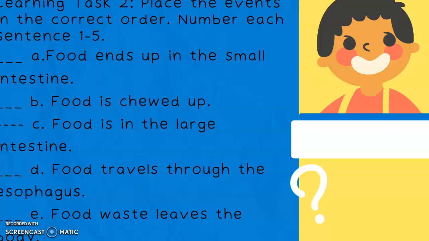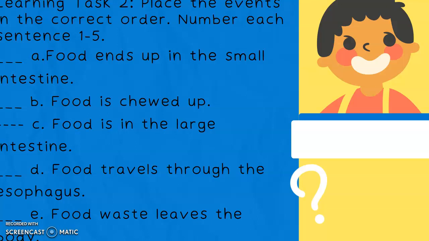Learning task number 2. Place the event in the correct order. Number each sentence 1 to 5. Ilagay nyo yung 1 kung ano yung unang nangyari. At 2 naman yung susunod. Hanggang sa katapusan, lalagyan nyo naman ng number 5. Pagsunod-sunodin. Tapos na ba kayo?